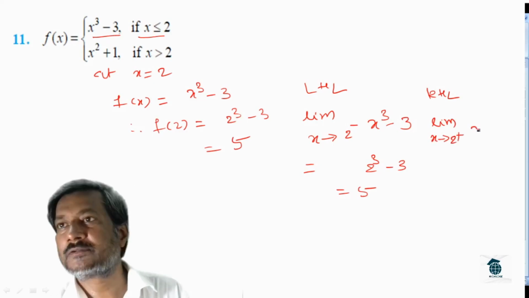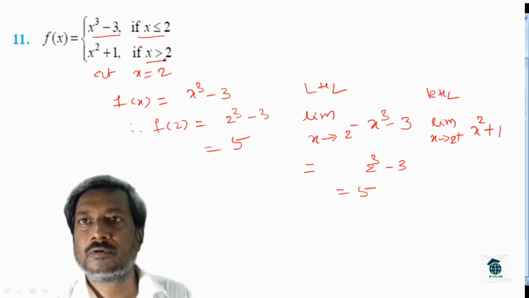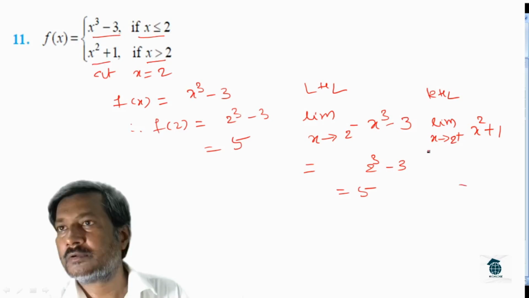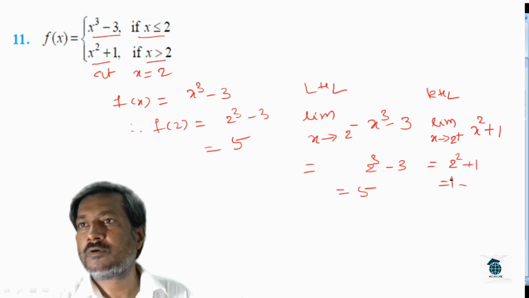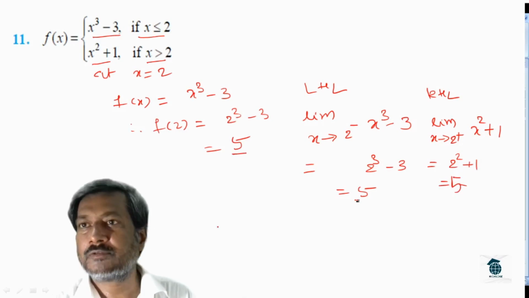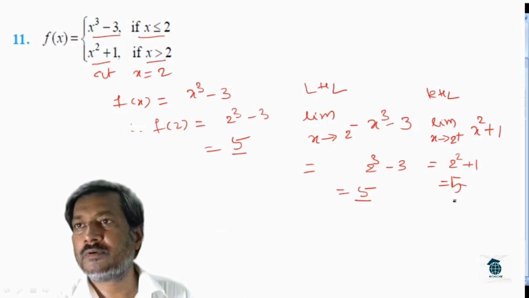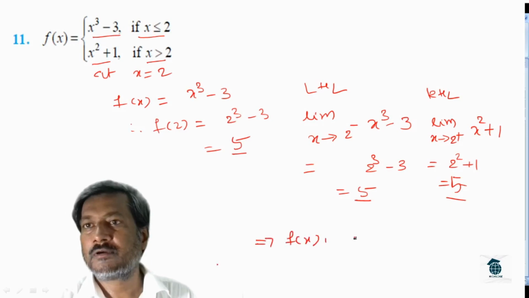Consider the function x square plus 1. Now substitute, 2 square plus 1, this value is equal to 5. Observe here f(2) is 5, LHL is 5, RHL is 5, all are equal. Therefore f(x) is continuous.